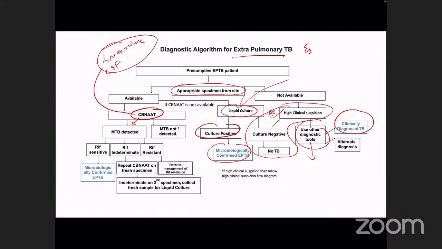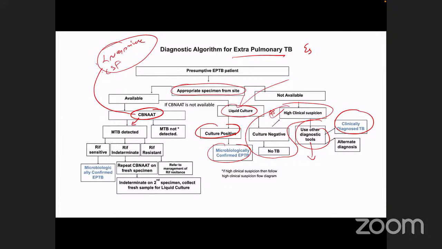And obviously, I hope you all know that for saying that a patient is confirmed to have been successfully treated for tuberculosis, you need conversion from positive to negative. But if the patient is negative initially, you may have to use other evidence like improvement in the appetite, increase in the weight.